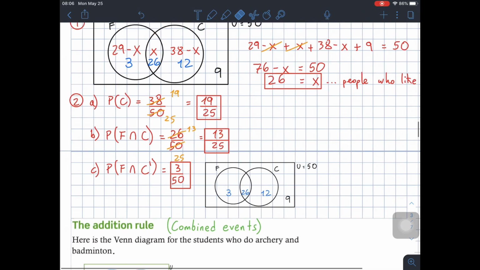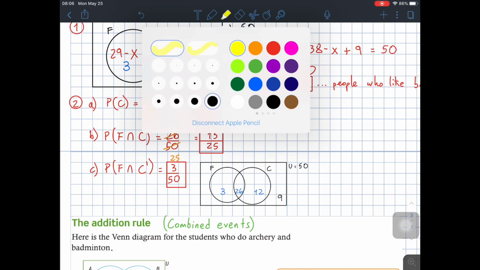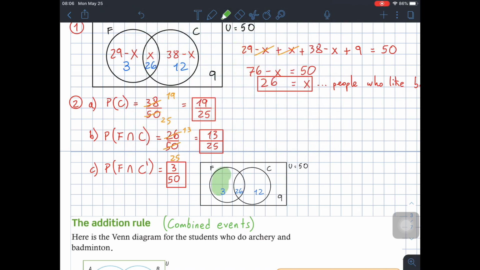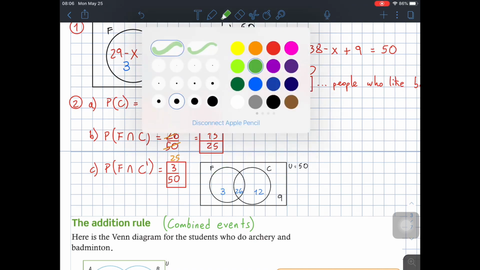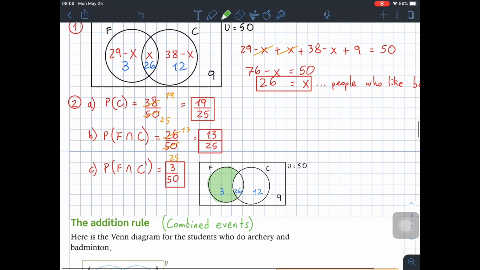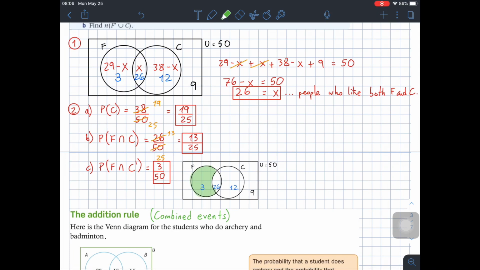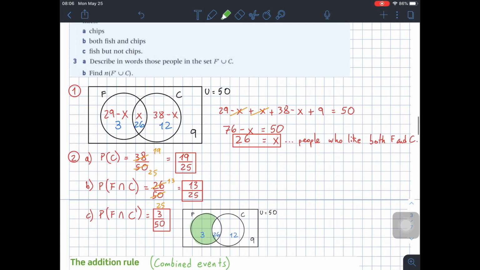So if I wanna find a probability of F intersection not C, we should know that we're referring to only this region over here, which is equal to 3 over 50, right? 3 divided by 50. We cannot simplify that, so that stays like that.